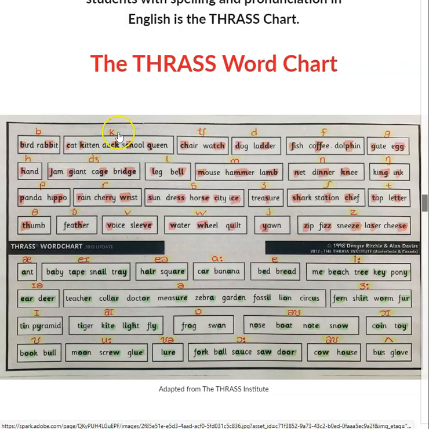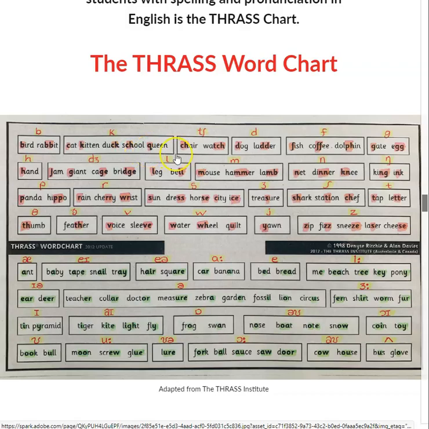Likewise, if we go to the K phoneme box, this box contains the most common spelling choices for the phoneme K. We can spell the K phoneme with a C like cat, with a K like kitten, with a CK like duck, with a CH like school, or with a Q like queen.